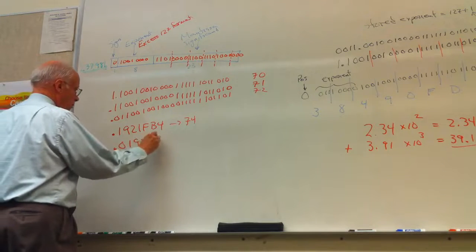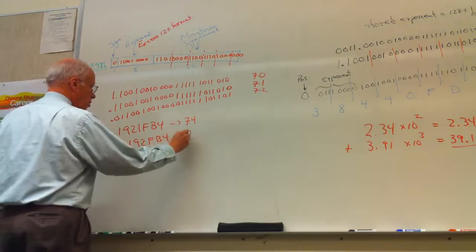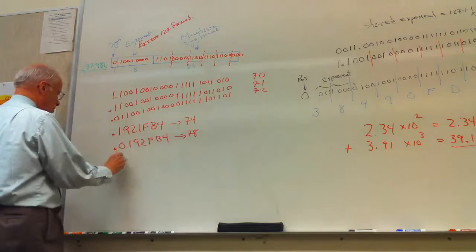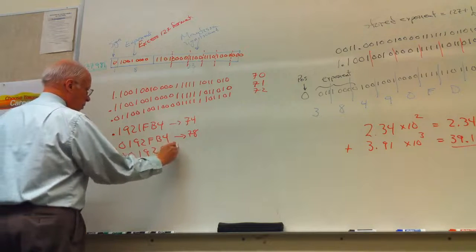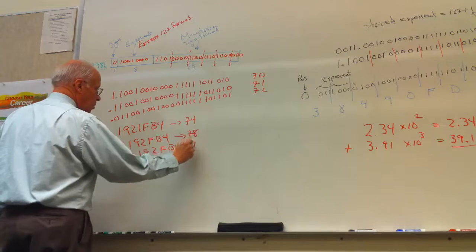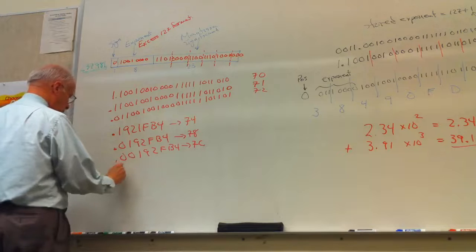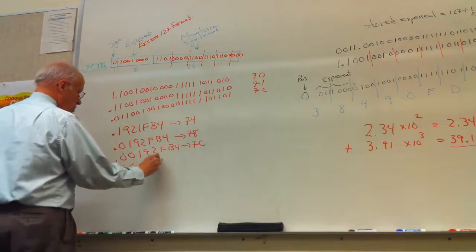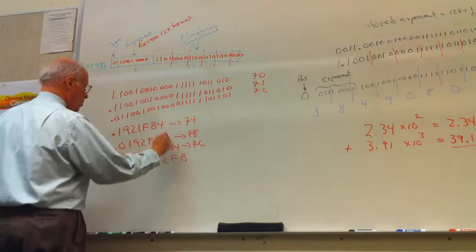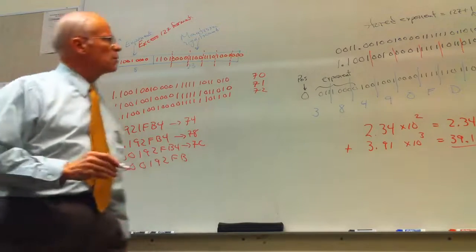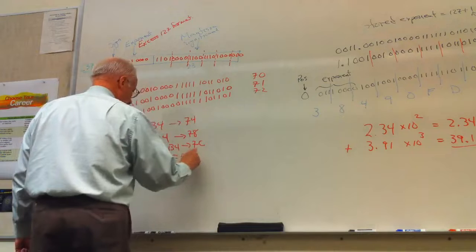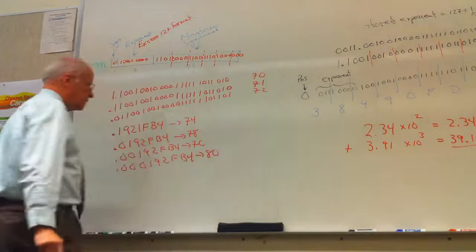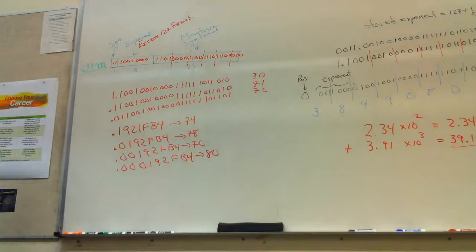01921FB4, 78, 0019FB4. I've got an exponent of 8 zeros.